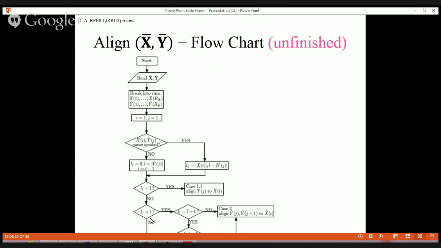Similarly, if L1 is smaller than L, we can check whether L1 equals L minus 1, and so on.